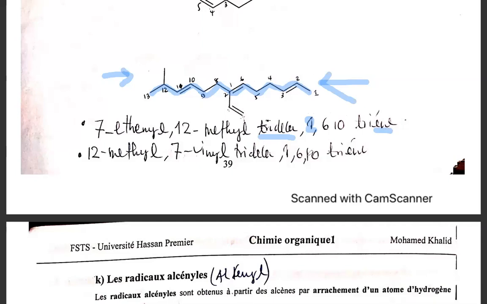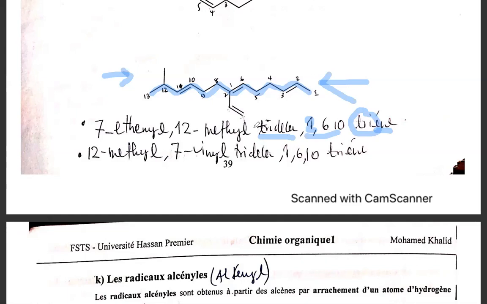Now, like I said, we have 2 or more identical features. In this case, we do have substituents, but we also have multiple bonds. We have 3 multiple bonds, which are supposed to be shown with a multiplication factor, tri.